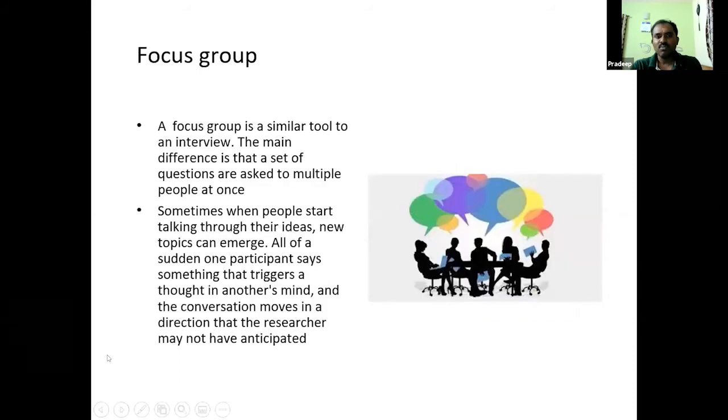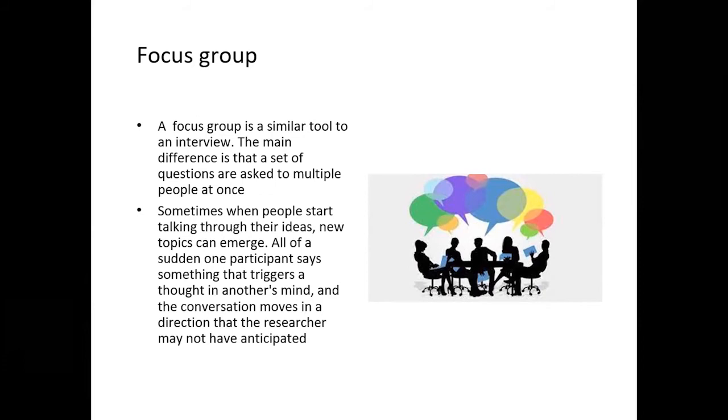Now, what do you mean by focus group? Any idea? Group of participants. A focus group is when you are interviewing or discussing with multiple people. It's not a one-on-one discussion. So what is the advantage of interviewing multiple people instead of one particular person?